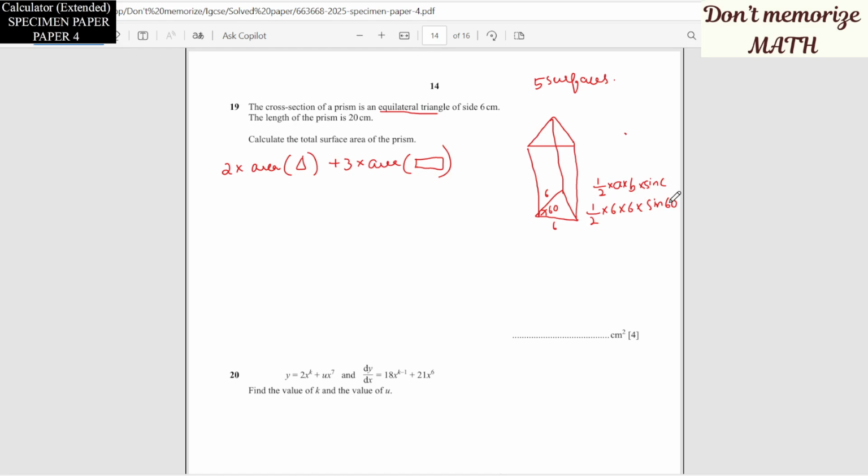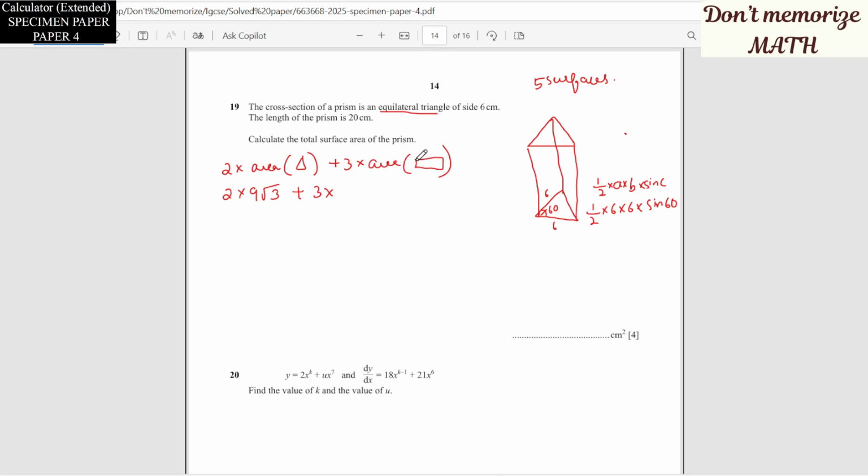So use the calculator. Half times 6 times 6 times sine 60. So you will get 9 root 3. Yes, 9 root 3.